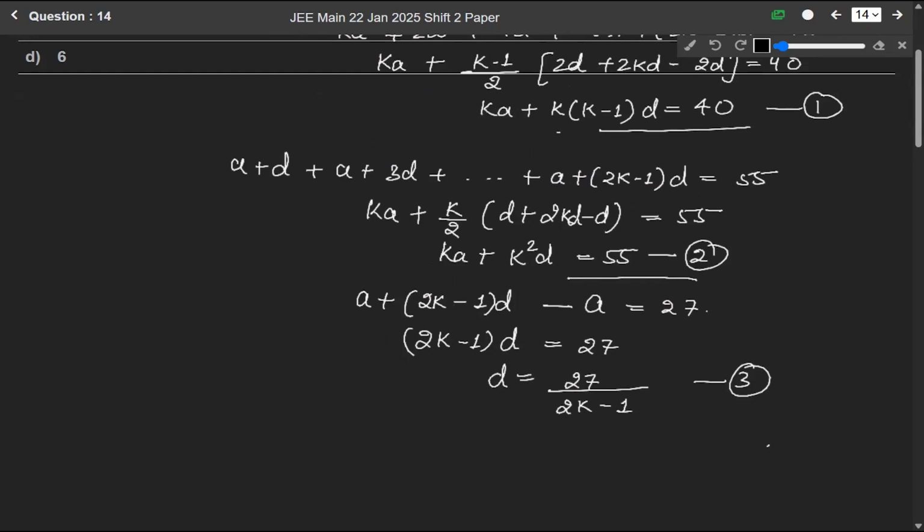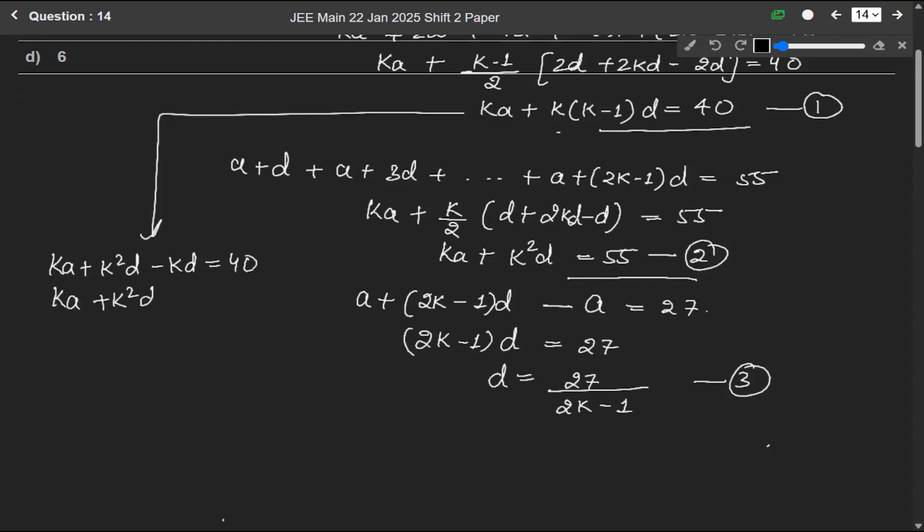this is kA plus k square minus k square D minus kD. Equation 1 can be written as kA plus k square D minus kD equals to 40. And this again equation is kA plus k square D equals to 55.